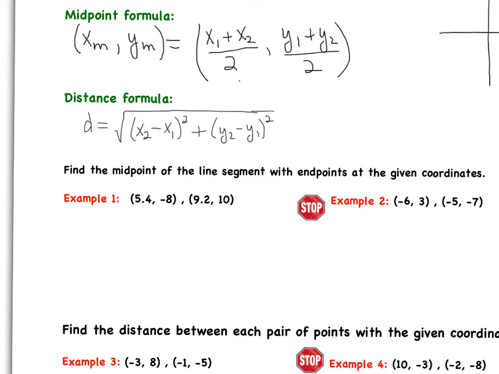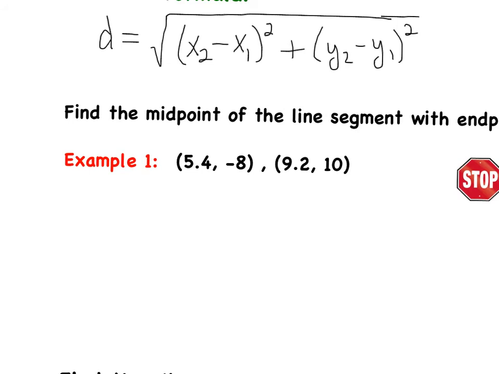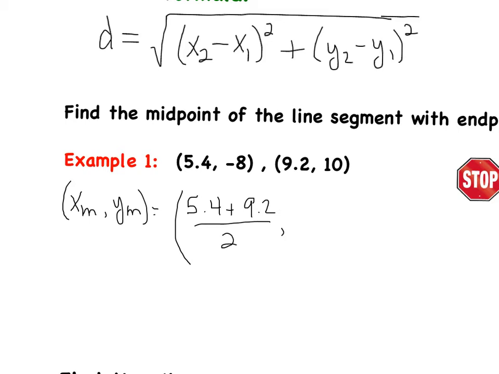In example 1, we want to use the midpoint formula to find the midpoint of the line segment with endpoints at the given coordinates. So let's make this a little bit larger. We want to find the x-coordinate of our midpoint and the y-coordinate of our midpoint. So we add x1 plus x2 and divide by 2, and then we add y1 plus y2 and divide by 2.